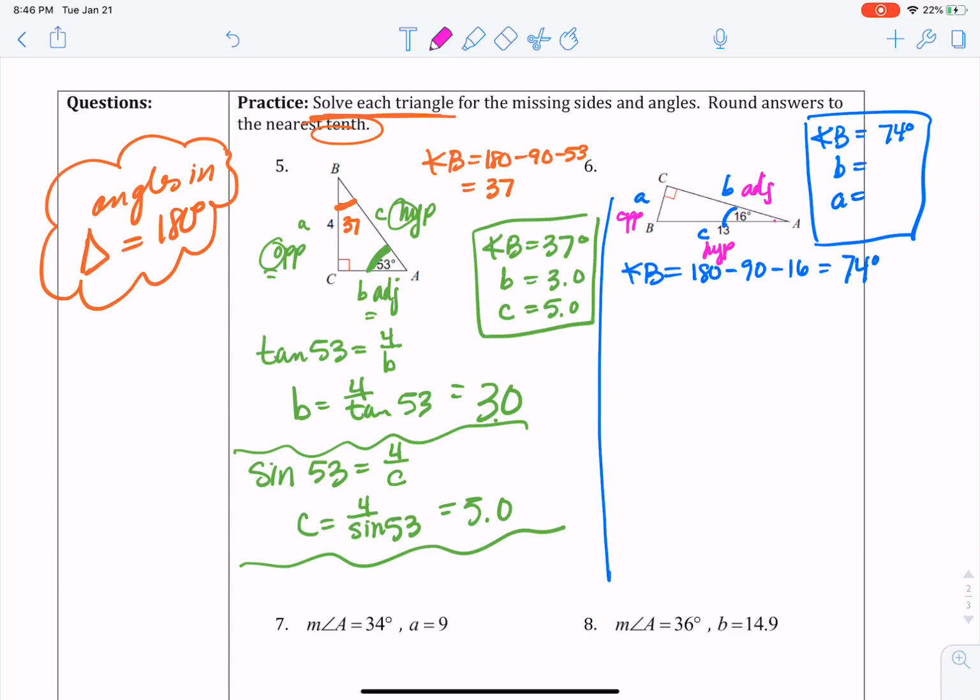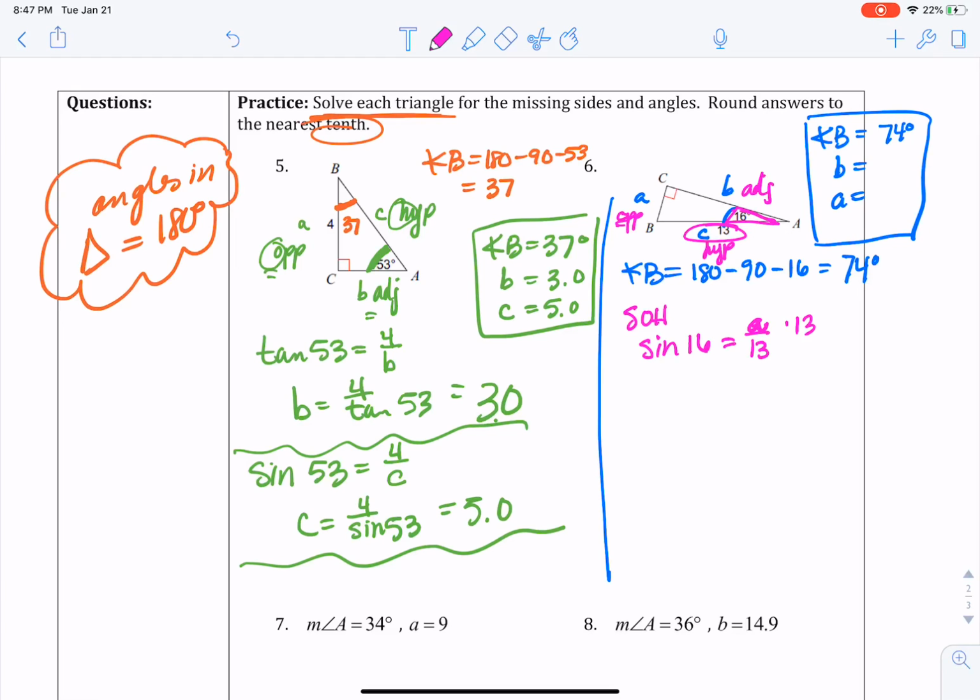So for angle 16, I can say that I can use opposite over adjacent. Oops, sorry, that's the wrong one. That's not a 6, that's a B. I can use opposite over hypotenuse. So opposite over hypotenuse is so. So the sine of 16 equals A over 13. That's an A, not a 9.